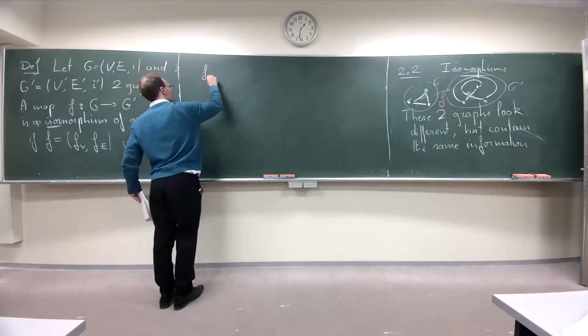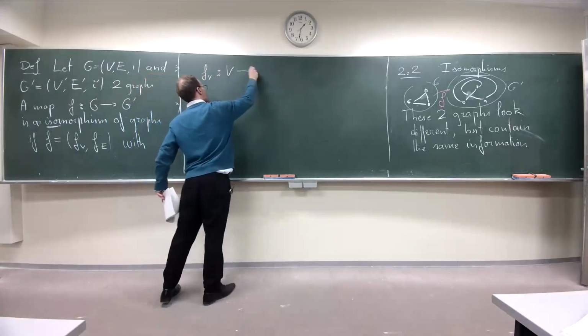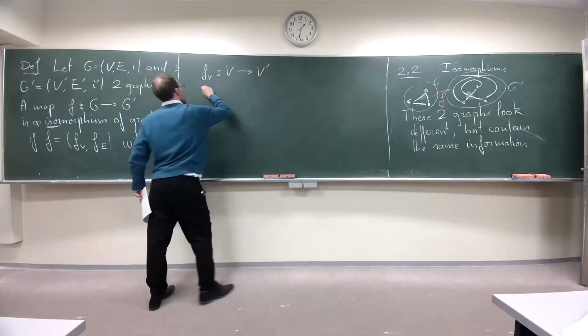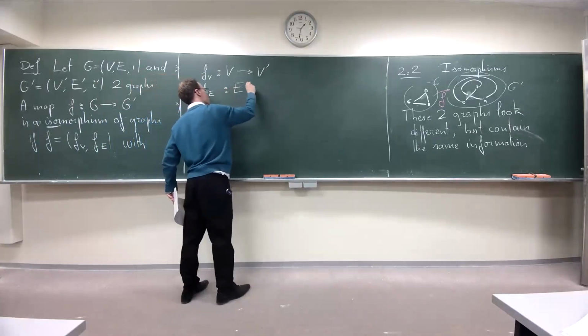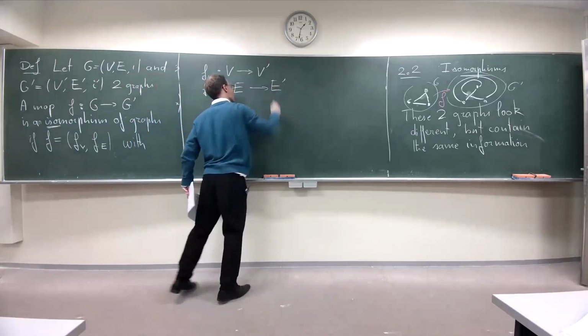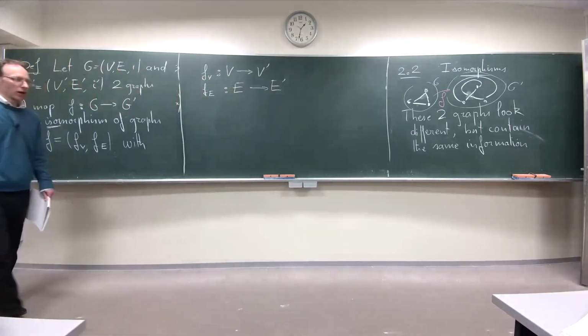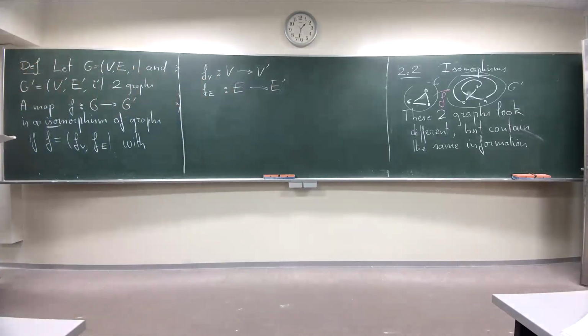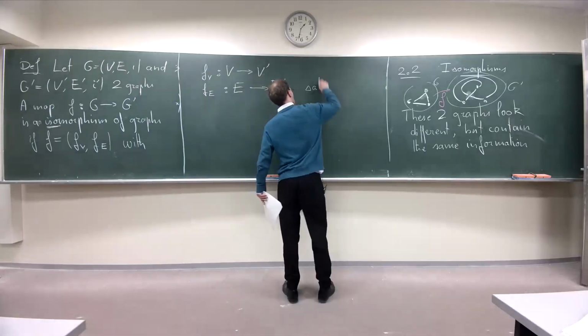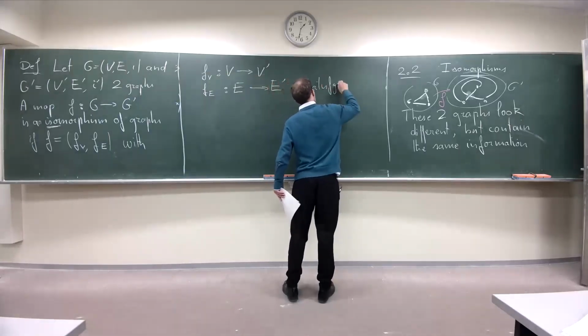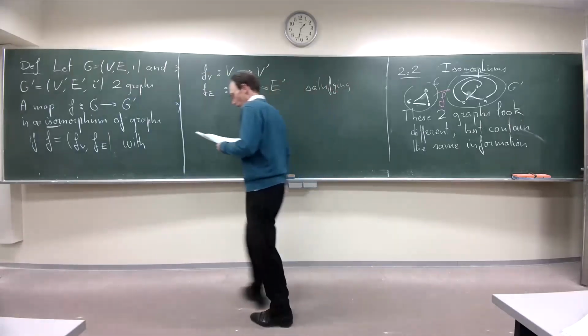So F index V is from V to V prime, and F index E is from the set of edges to the set of edges. We have 2 functions, one concerning edges and the other one concerning vertices, but they have to satisfy something. And satisfy 2 things.